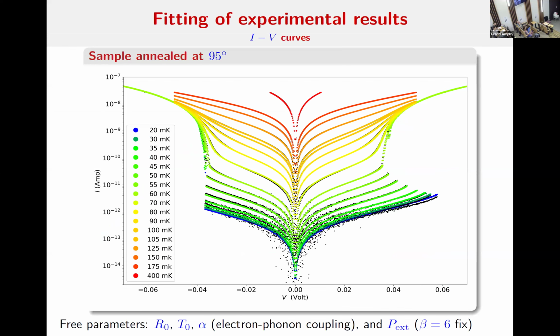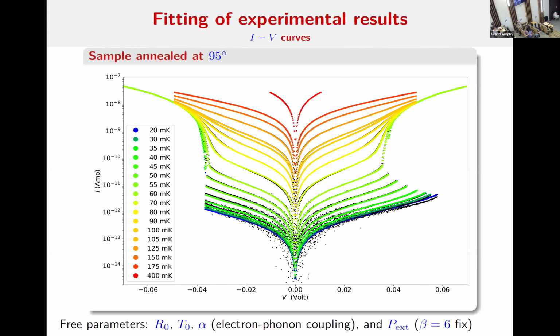Okay, these are the jumps. Here, the colors are the results of our model, and the black dots are the experimental results that I showed you before. You see that the agreement is really excellent. We did that with a global fitting, and the only parameters were the prefactor of the activated regime, the activation temperature, the electron-phonon coupling alpha that I mentioned before, and the external power.